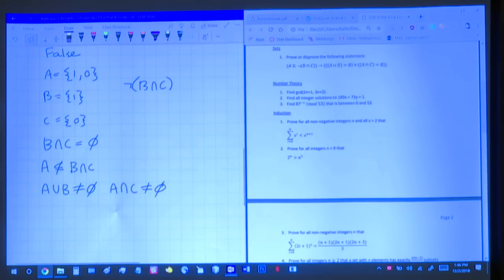Does anyone else have any questions? Yes. You would have to make an arbitrary general case because proving a for all statement, you can't just come up with one example.